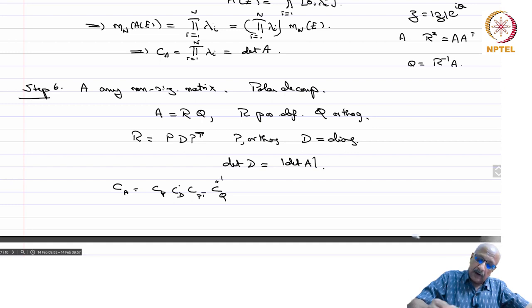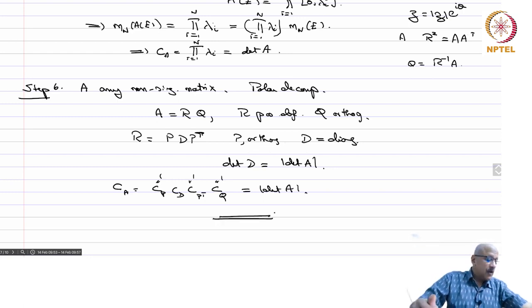All these are 1 except Cd, and this is equal to the modulus of determinant of A. And that proves this theorem. So this is the geometric meaning of the determinant, and we have, using this fact, that the Lebesgue measure being translation invariant, regular, and finite on compact sets determines the measure itself.